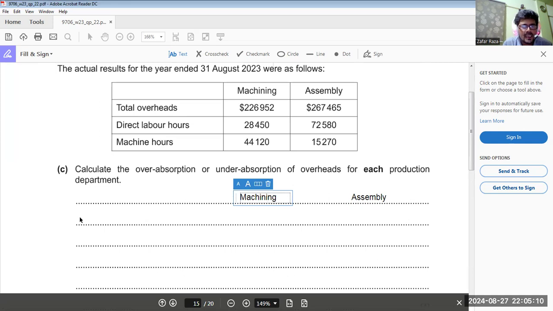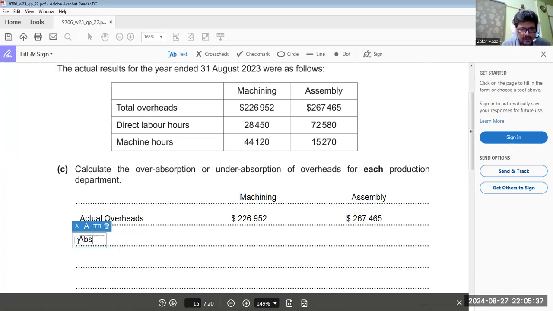Now actual overhead: machining department $226,952, assembly $267,465.